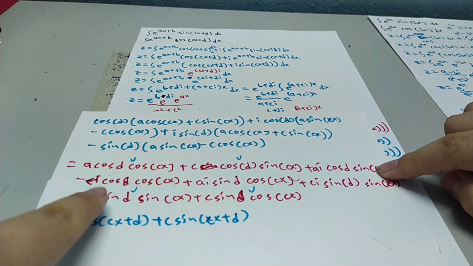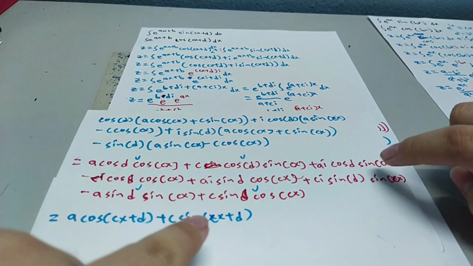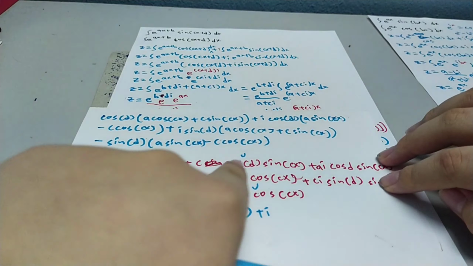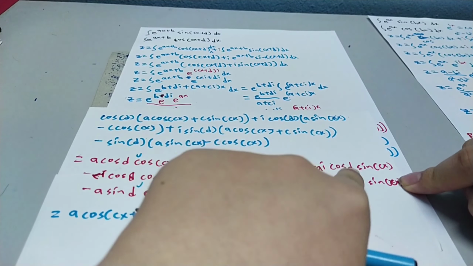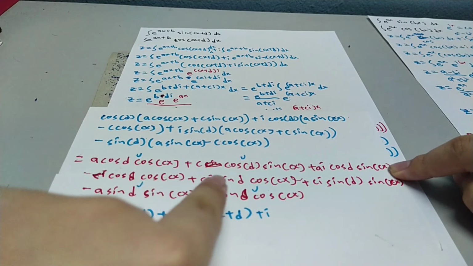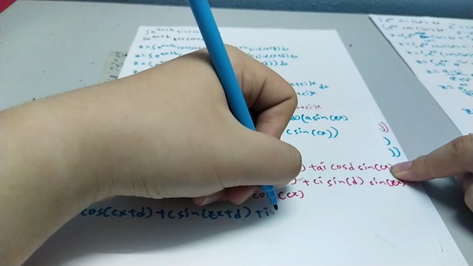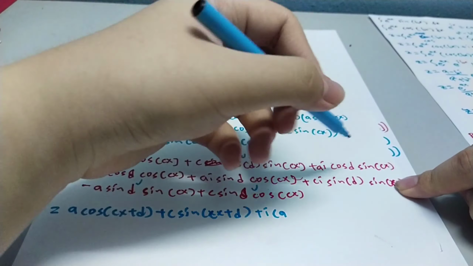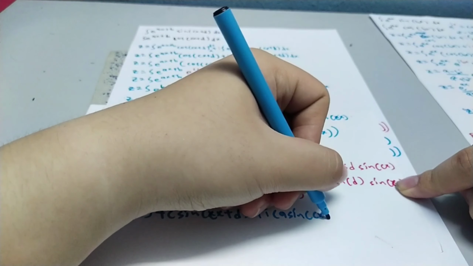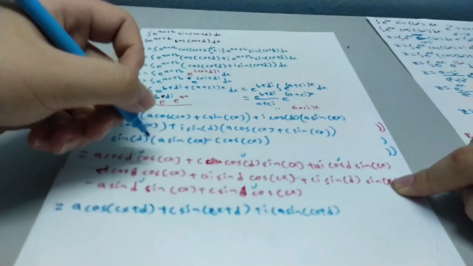And then we got the expression, so we got some terms that are filled with the complex number i. So I will separate these two. Now a times cosine of d times sine of cx plus sine of d times cosine of cx is equal to a times sine of cx plus d. So we have done this one.